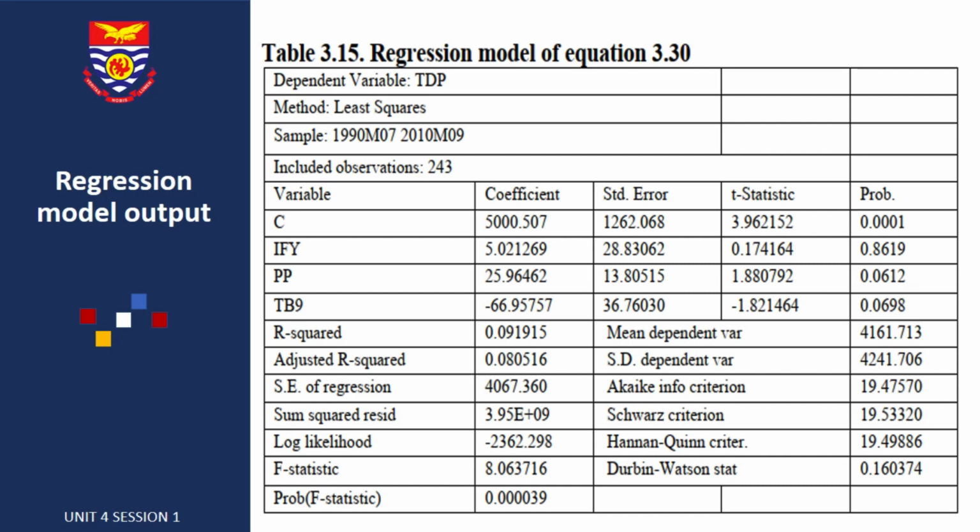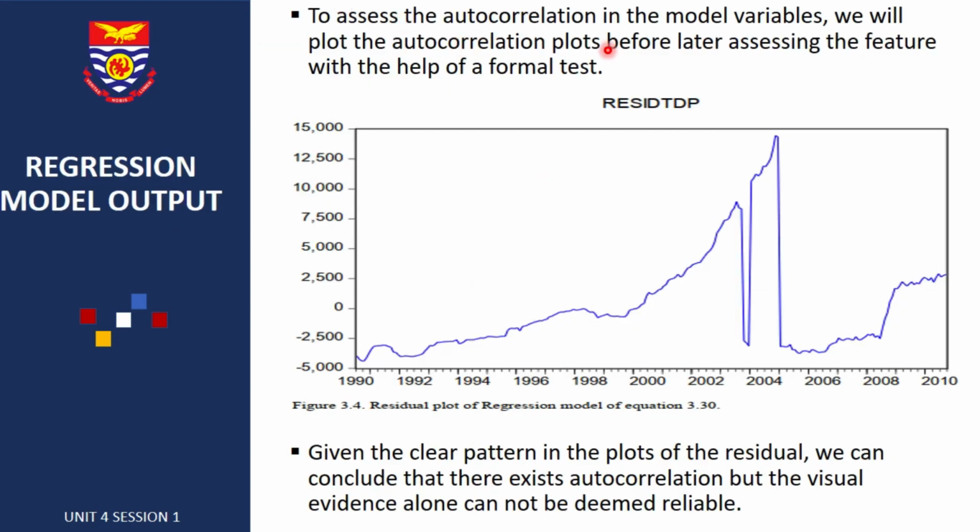To assess the autocorrelation in the model variables, before we think of subjecting our regression model to the formal autocorrelation test, we can plot the residuals of the regression analysis and see how the patterns move, or whether autocorrelation exists among the residuals, because our aim is to test for autocorrelation within the residuals.